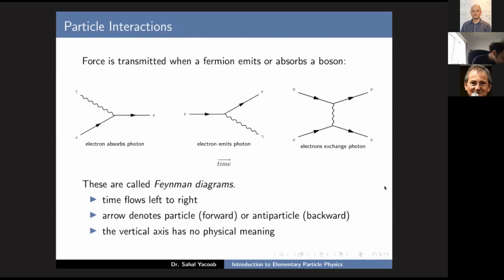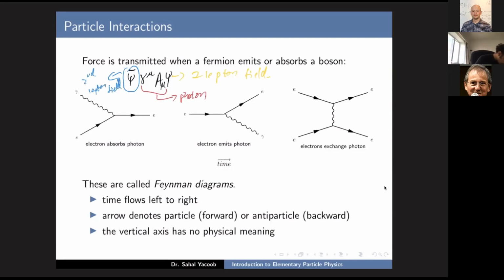So these Feynman diagrams represent the terms in the Lagrangian that were psi bar, gamma mu, psi A mu, and what they're telling us is there is a photon, there is one lepton field, and there is a second lepton field.